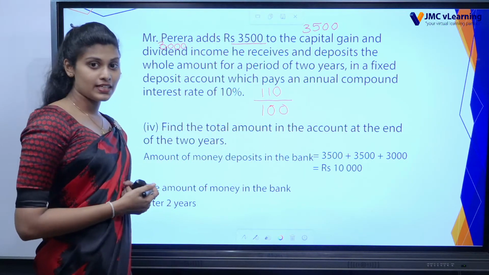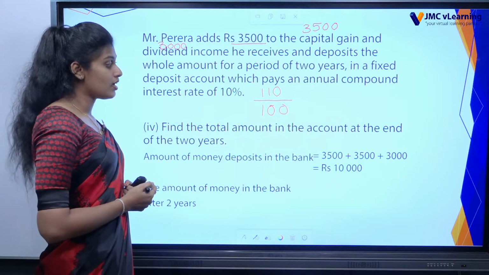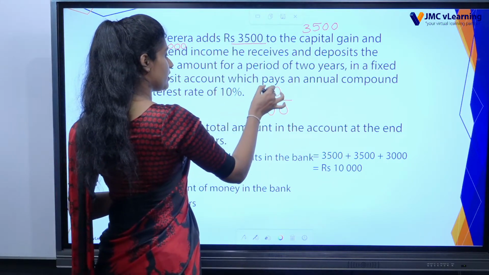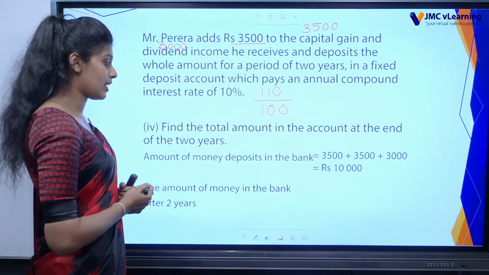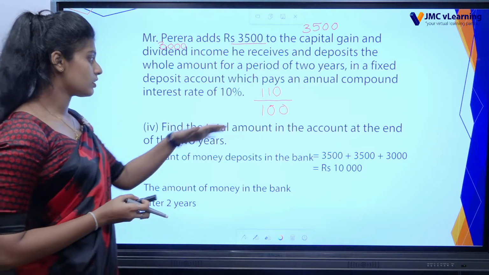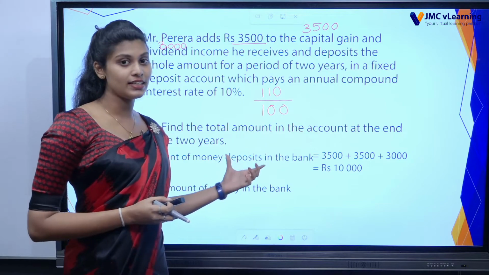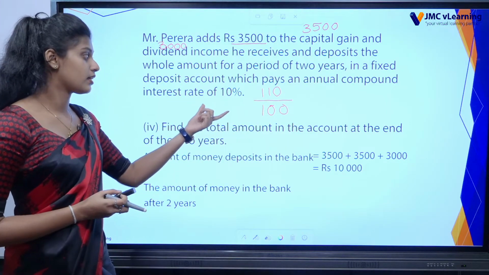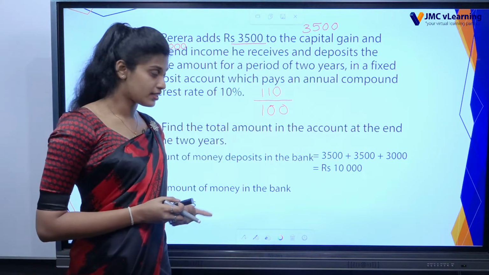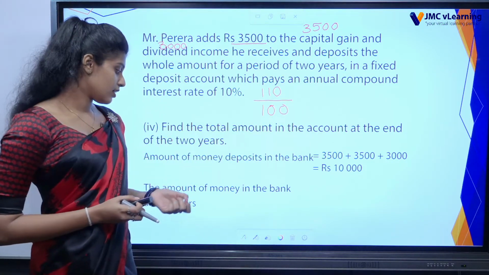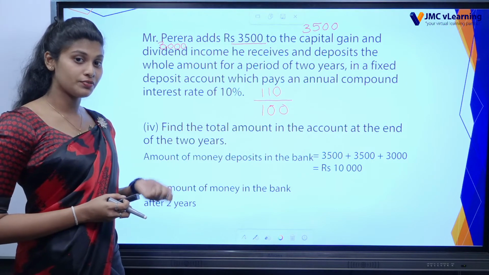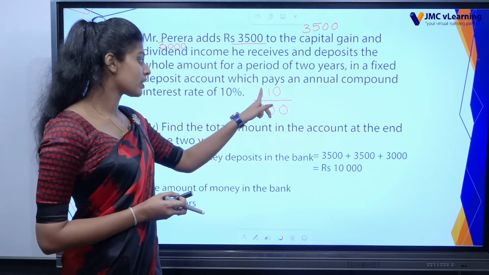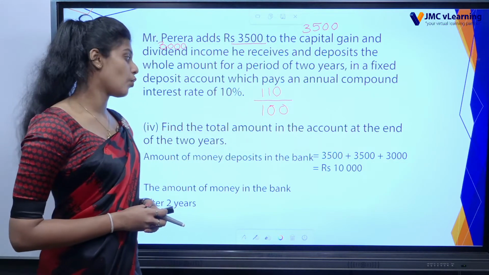The interest rate is 10%. With the money you have to take 110, because the total money is, we are taking as 100 plus interest, it is 110. So to take the money in the bank after 1 year, you have to multiply this 10,000 with 110 over 100.